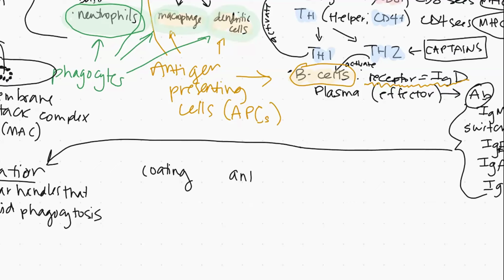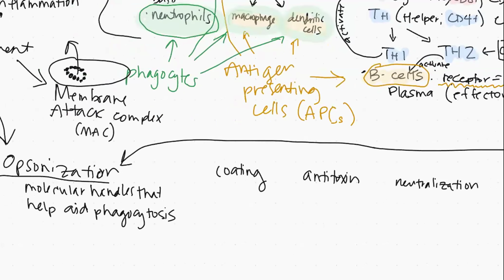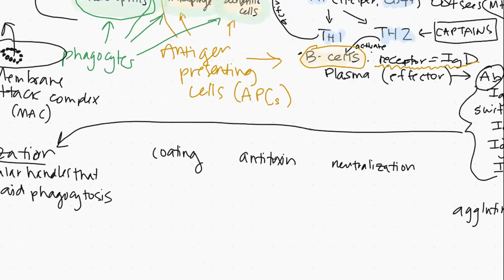It can lead to general neutralization of docking, basically. We just call it neutralization. Opsonization, coating, antitoxin, neutralization. We also have agglutination. Put these down here more, draw the little lines to them, and I'll put some descriptors with these too. We'll kind of outline them a little bit, just so that we're aware of everything that's going on with this stuff.